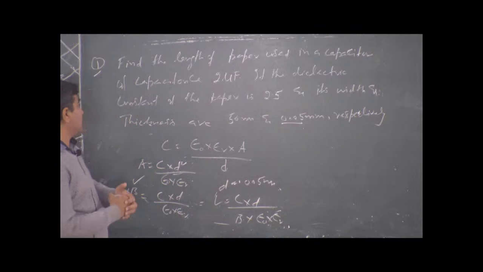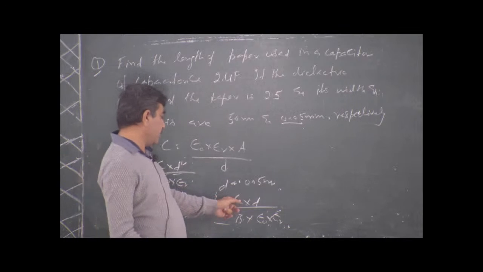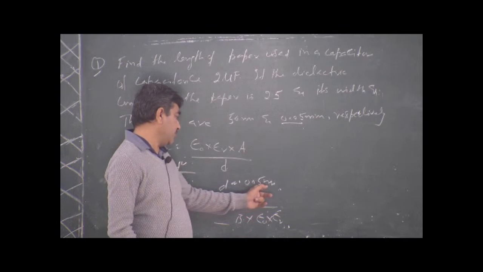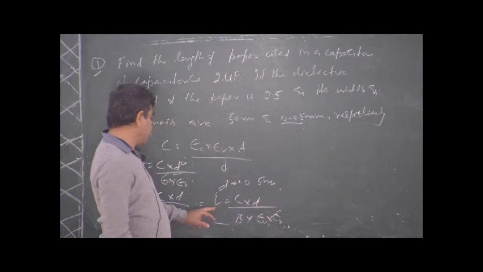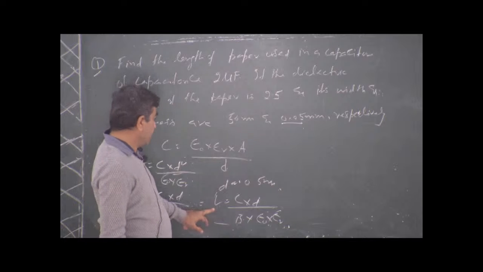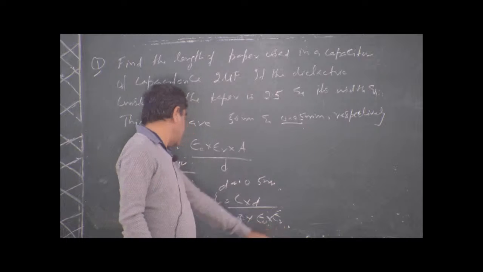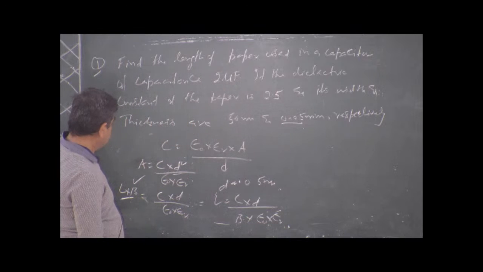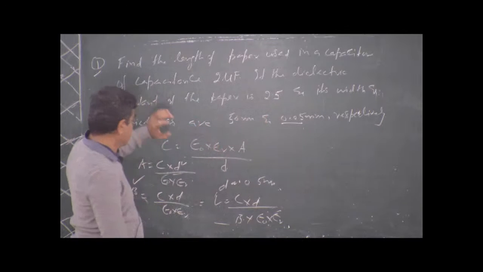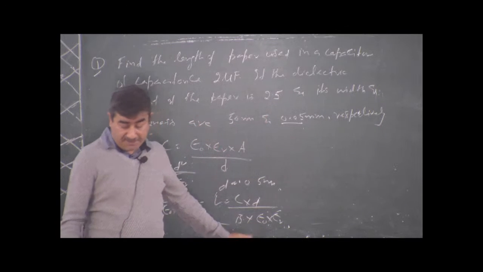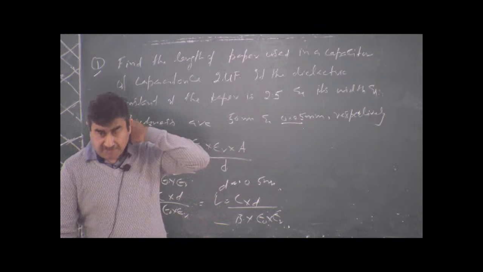So in this way you can find the length of the paper used in a capacitor of capacitance 2 microfarad. So C is 2 microfarad, thickness is 0.05 millimeter, and epsilon R value is 2.5, and this epsilon naught is having a standard value 8.85 10 to the power minus 12.